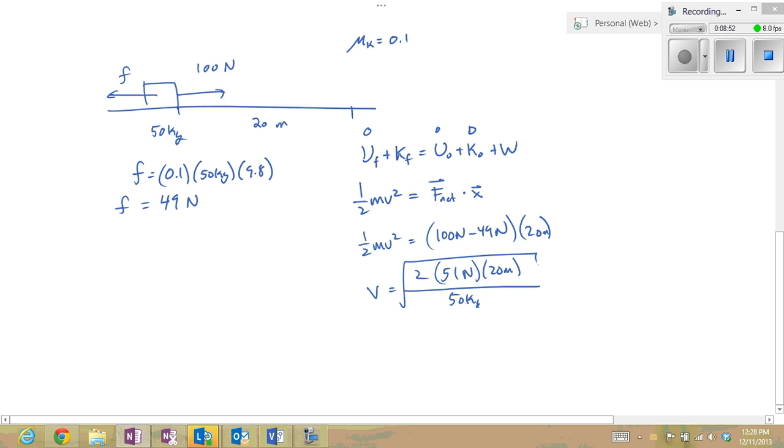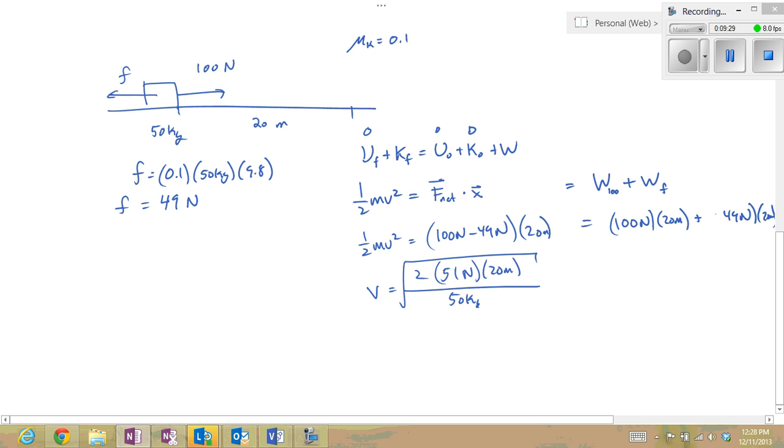And you'll notice this number is going to be less than it was before because the amount of force that's actually contributing to the kinetic energy is less. This is one way of looking at it. The other way of looking at it is that we can think of this as equal to the work done by the 100 Newton force plus the work done by the friction force, which would have been 100 newtons times 20 meters plus minus 49 newtons times 20 meters because that work is negative.